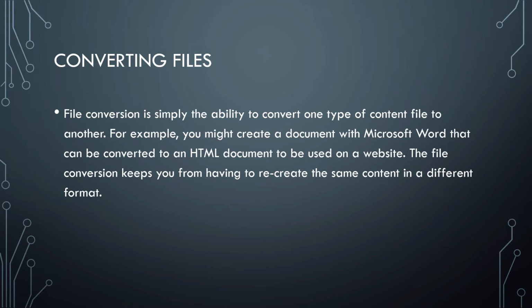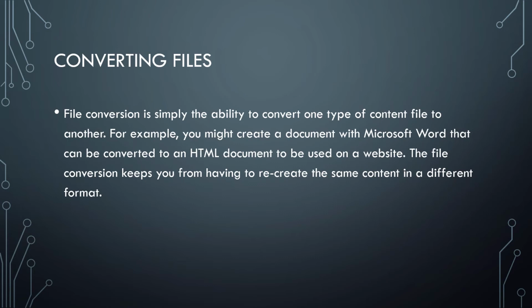File conversion is the ability to convert one type of content file to another, and that's going to be very useful. As you create documents, you want to be able to create one type of document and be able to use it across many platforms. Again, go back to Microsoft Word. You have the ability to create a Word document and save it as an HTML file to upload to a website.